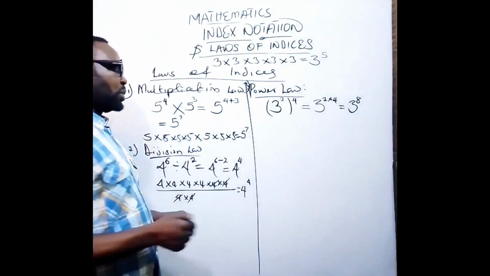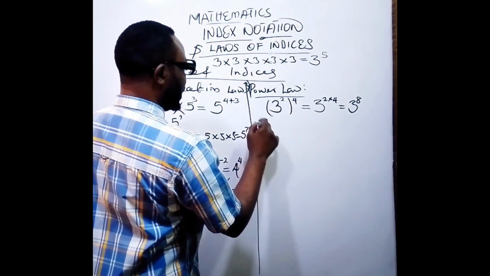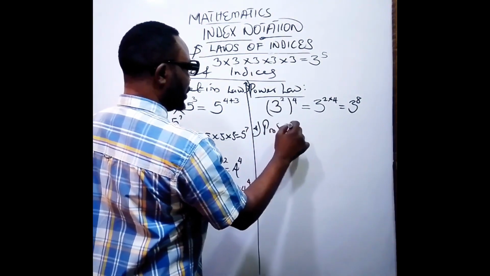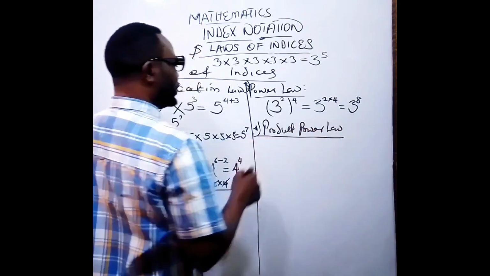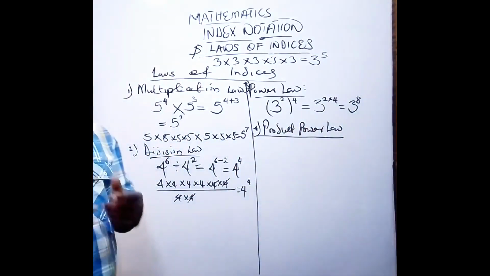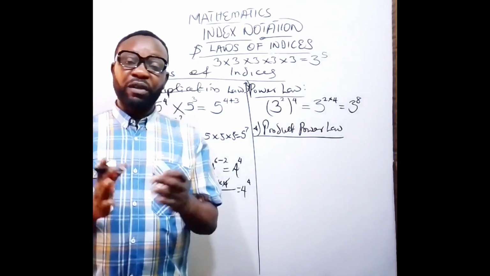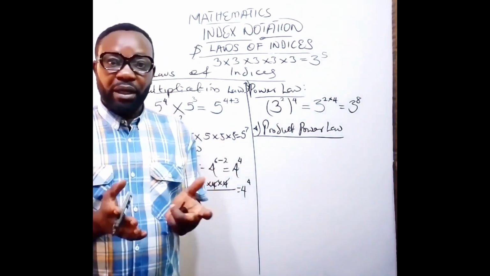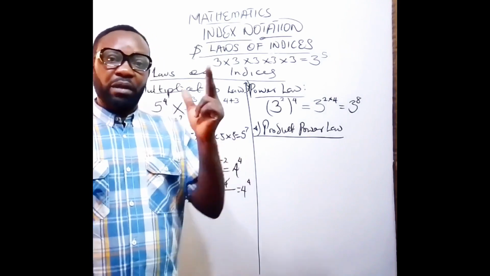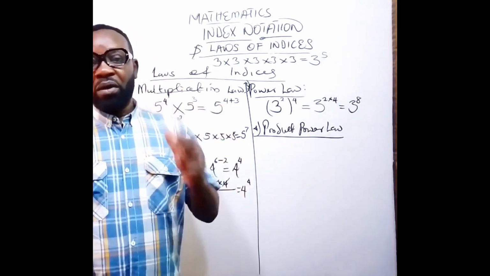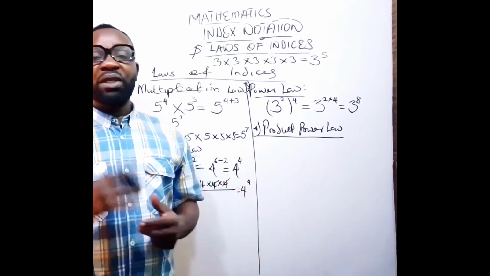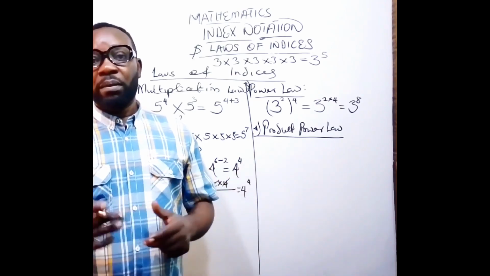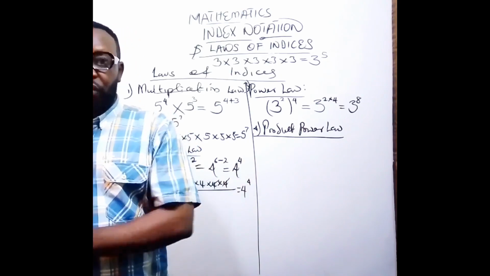Now the next one is called the product power law. Product power law is applicable when you have different values in a bracket and all of them in the bracket have a single power on them outside the bracket. So in that sense, each of them will have that power individually.